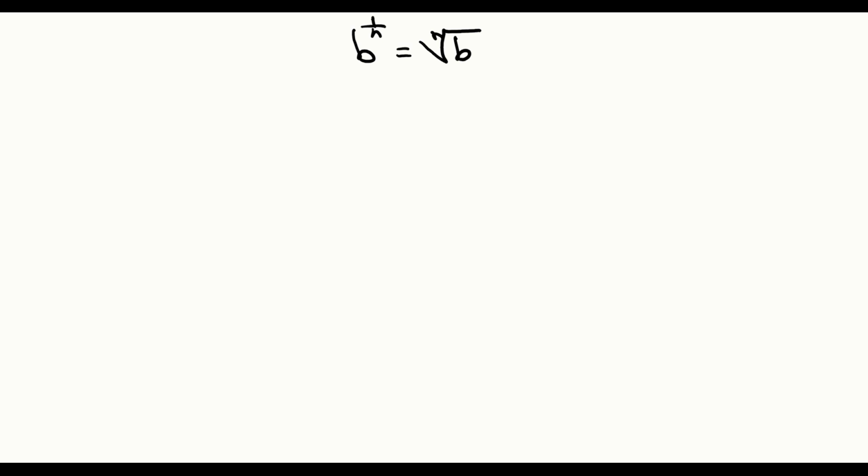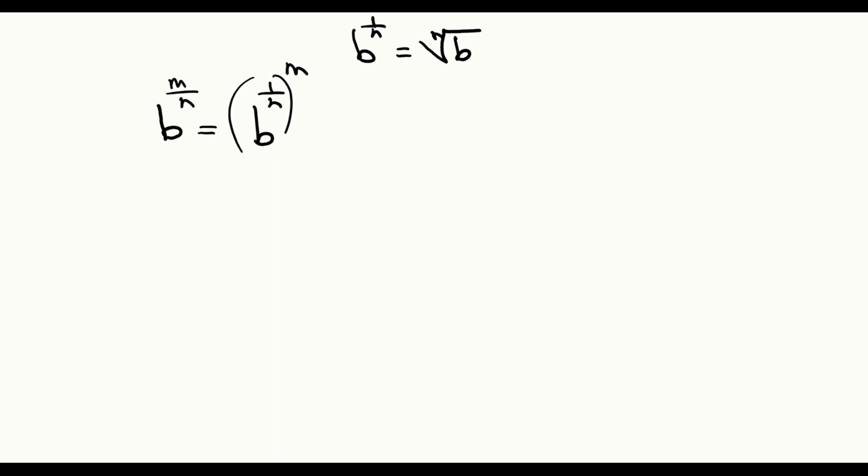So what if, instead of 1 over n, what if I had b to the power of m over n? Is there anything that we can do to convert that to a radical expression? And of course, we realize that if we do a little bit of an algebraic trick here, we can, of course, write this as b to the 1 over n to the power of m.